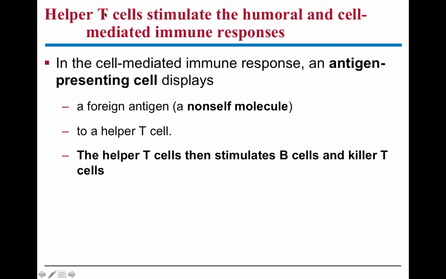Helper T cells can stimulate B cells further in case they weren't already activated at a high enough level to the antigen. But then helper T cells can also stimulate killer T cells to come into the picture, and killer T cells can actually bind to and directly engage a foreign cell or an infected cell and kill it.